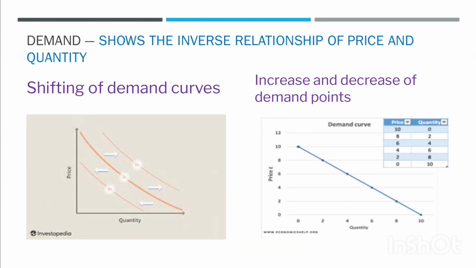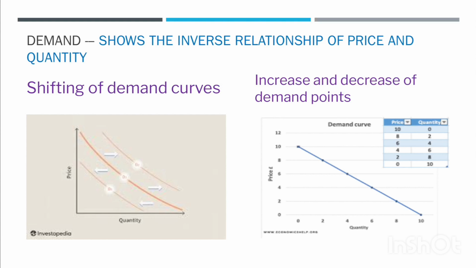These graphs show the law of supply and demand. So, understanding the demand curve. The demand curve is a commonly used graph that represents the relationship between the price and the total quantity of goods and services demanded over a certain period of time.